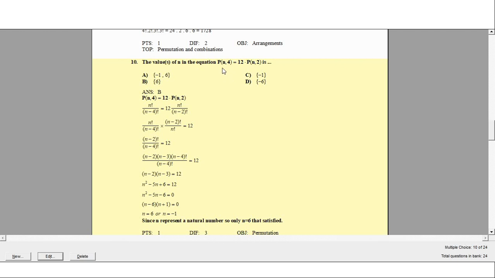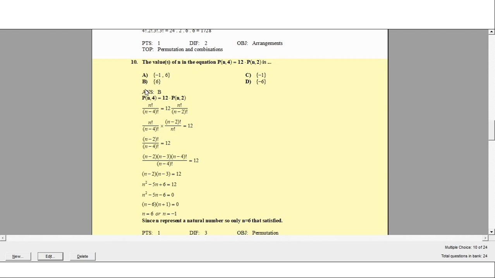As you know, the formula of permutation: P(n,4) will be n factorial over (n minus 4) factorial. And P(n,2) means the permutation of 2 from n, so the formula will be n factorial divided by (n minus 2) factorial, and then times 12 here.